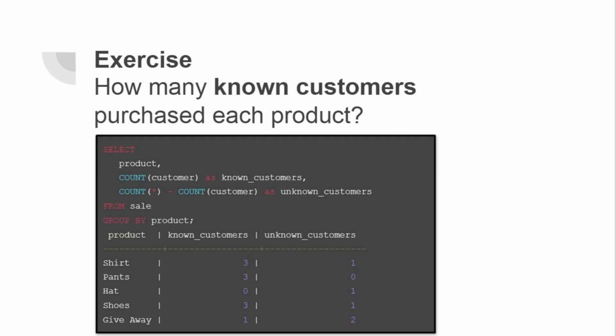First, we can count the actual customer field and get the number of known customers that purchased each product. And we can also use count asterisk, which counts the rows regardless of the values, minus the number of known customers, and get the number of unknown customers that purchased each product.